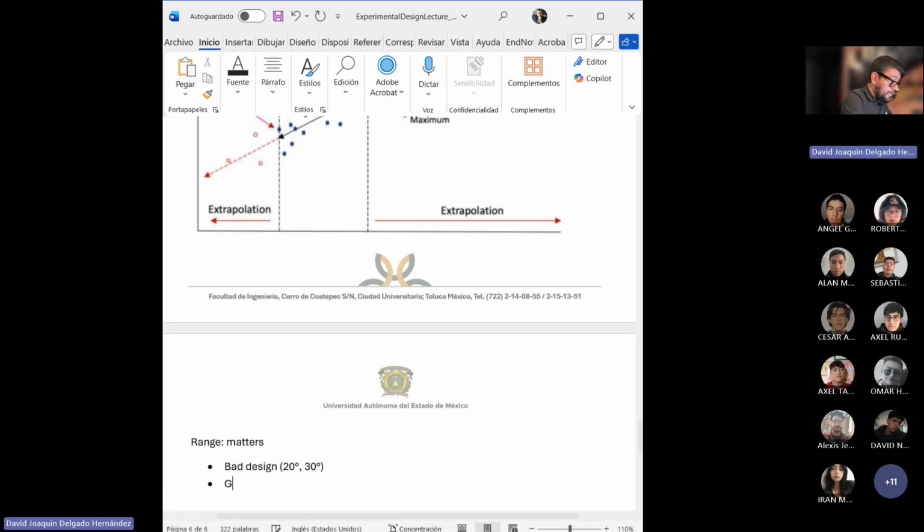But a good design would consider 10 degrees, 20 degrees, 30 degrees, and so on, perhaps until 70 degrees and 80 degrees, okay?